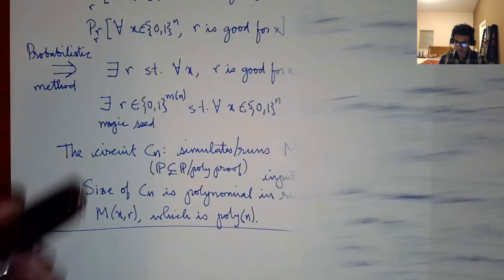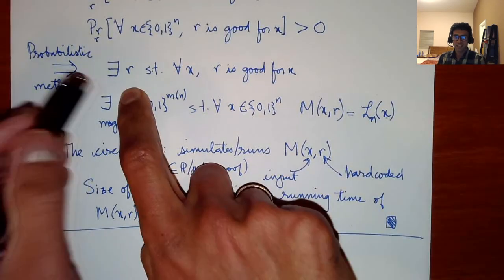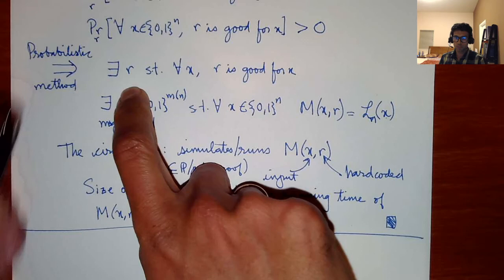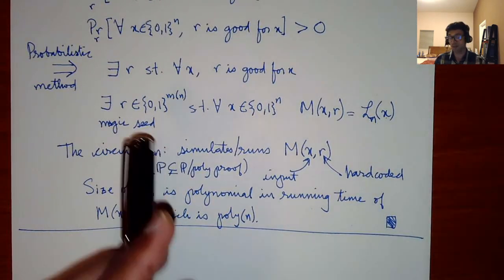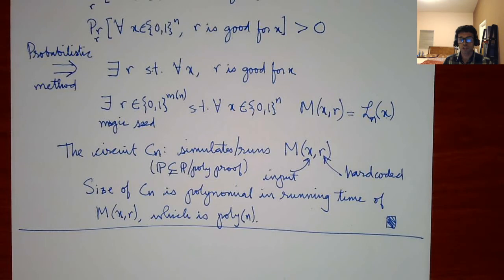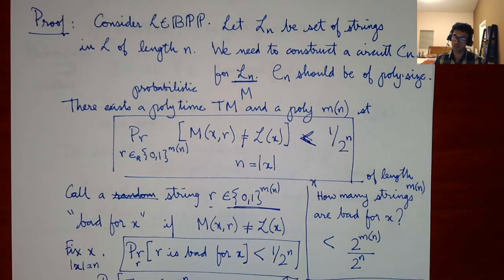Going back to this, the reason why this random seed is not a certificate is because there's no way of checking whether the certificate is correct. We just know it exists. We don't know how to check if it's correct, so that gives a circuit family. It's not a verifier because you cannot check the certificate. And the same goes with the definition of BPP. There's really no way of checking the certificate.